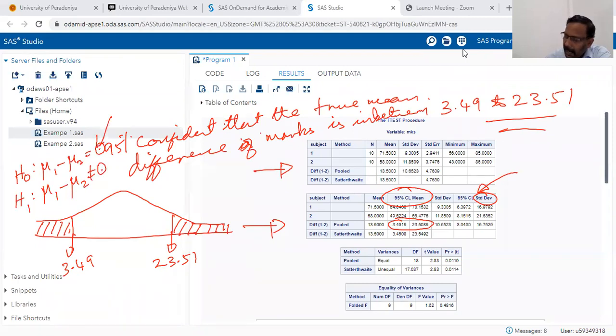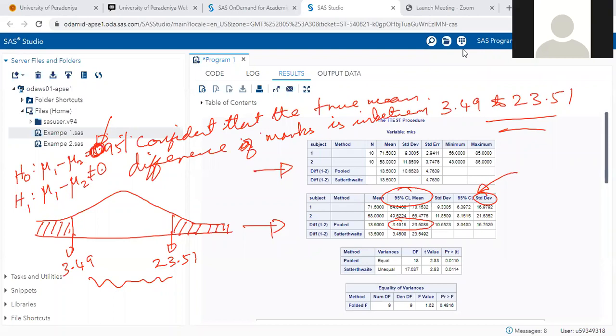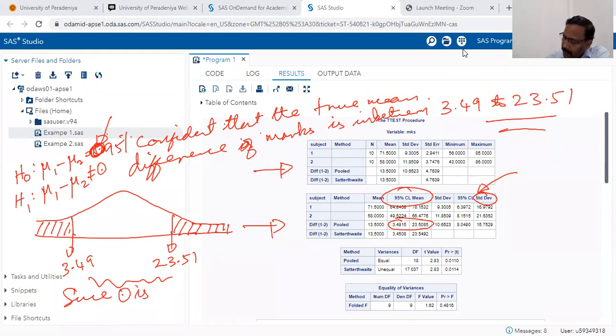So look at this, our null hypothesis value, 0. Does this 0 fall in this range? No, sir, it is not falling. Where is this 0 falling? 0 is falling in a rejecting region. Since 0 is falling in the rejecting region, we can reject our null hypothesis and accept our alternate hypothesis.